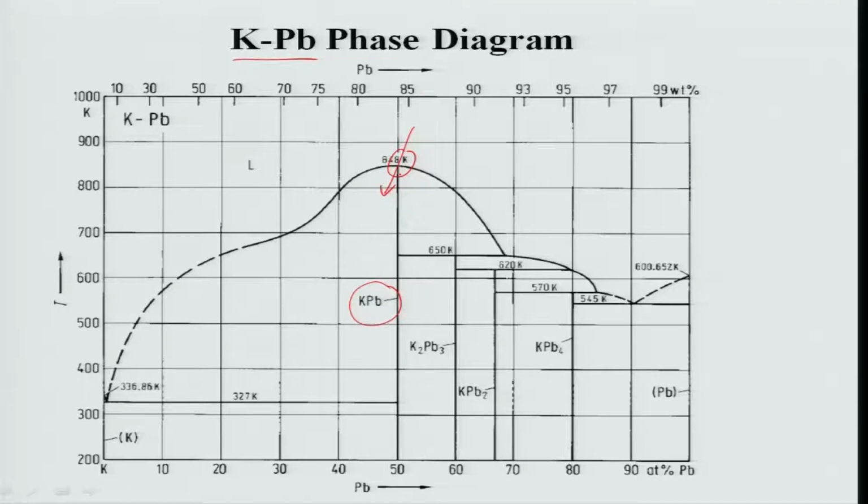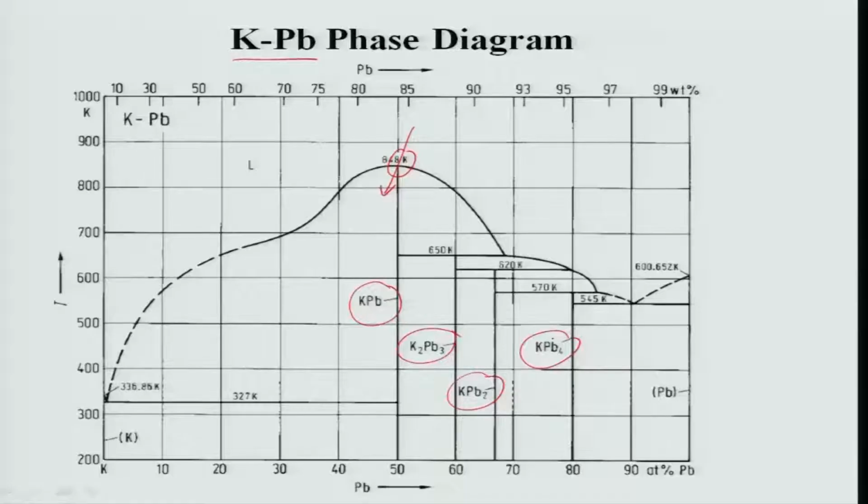Then other phases like K2Pb3, KPb2, KPb4 are all different types of intermediate phases and they also come under that category. We do not really appreciate these phases because they are not used in applications, but for the sake of completeness we must know that the peritectic reaction also leads to formation of intermediate phases.